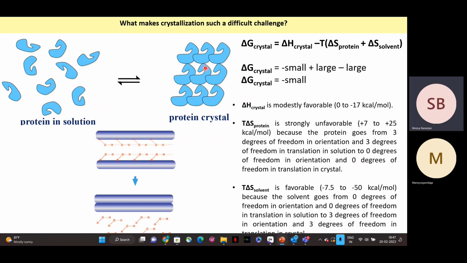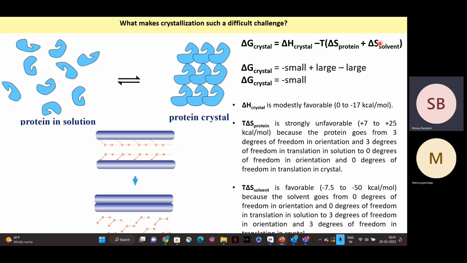But when it crystallizes, the degree of freedom in both orientation and translation becomes 0. That is because the protein is fixed at the crystal lattice points, and so the entropy considerably decreases. So the entropy change in the protein, delta S protein, is strongly unfavorable.